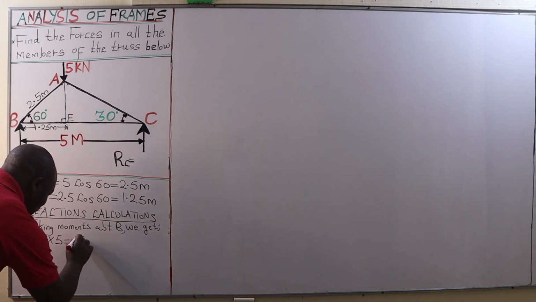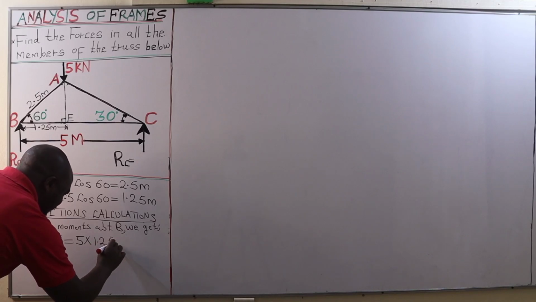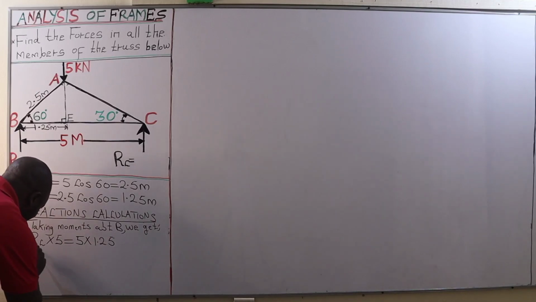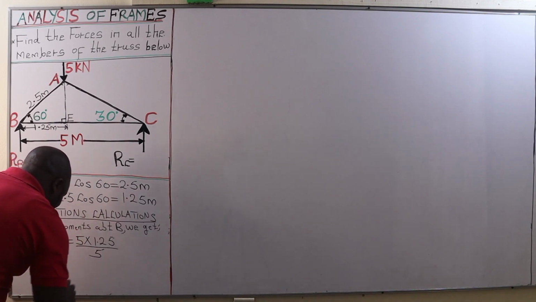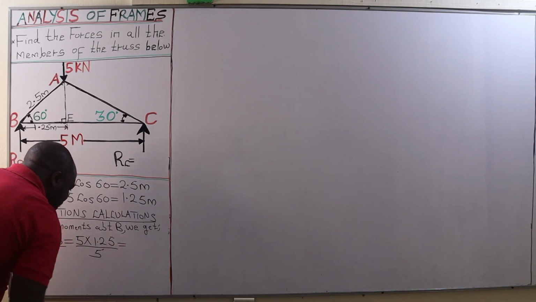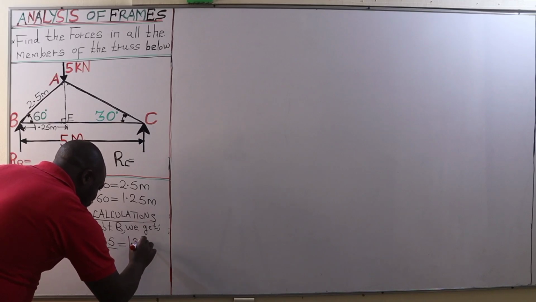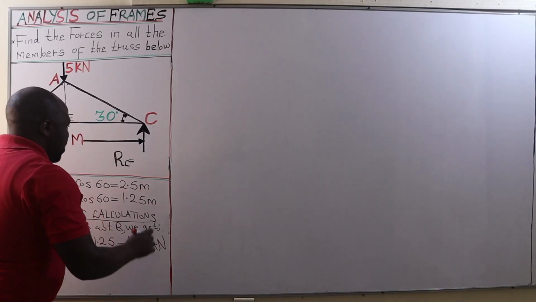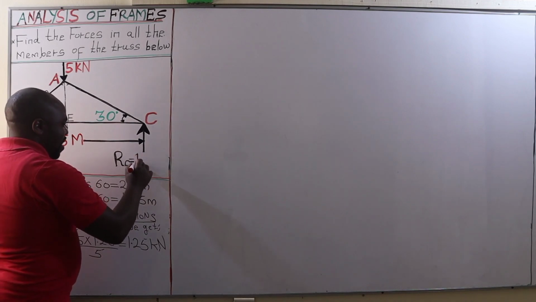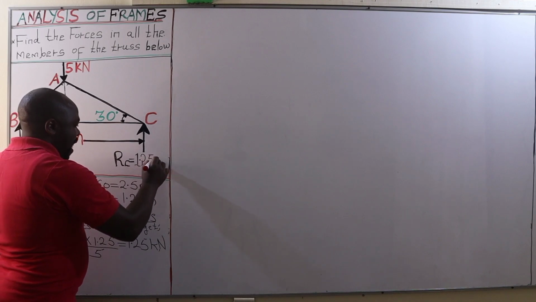Therefore, it equals 5 times 1.25 meters. To get the value of RC, we are going to divide both sides by 5, and this is going to give us a load of 1.25 kilonewtons. Therefore, the reaction at C will be 1.25 kilonewtons.